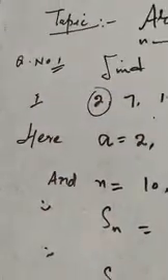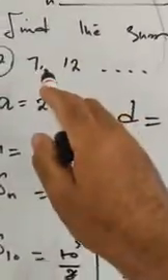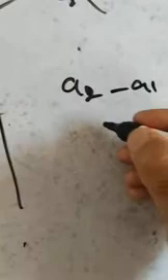So here, what is a? What is the first term? The first term a is 2. And what is the difference? How can we find the difference? Difference means a2 minus a1, a3 minus a2, a4 minus a3.